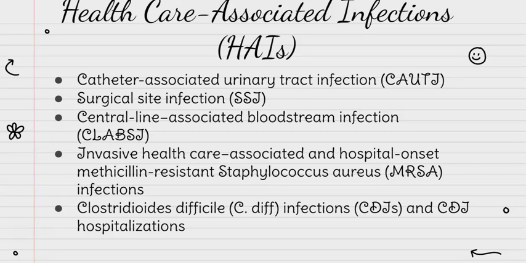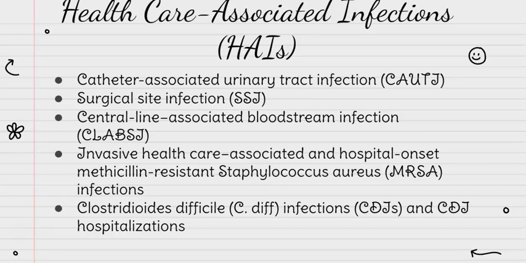Ventilator care, so this is for your hospital-acquired pneumonias, or VAPs, ventilator-associated pneumonias, but ensuring the head is elevated, providing oral care, and ensuring proper suctioning to reduce the risk of ventilator-associated pneumonia.